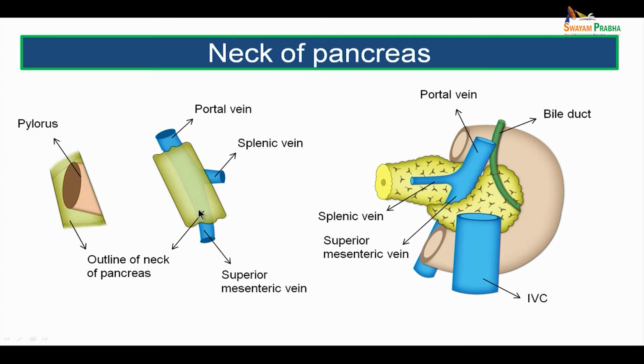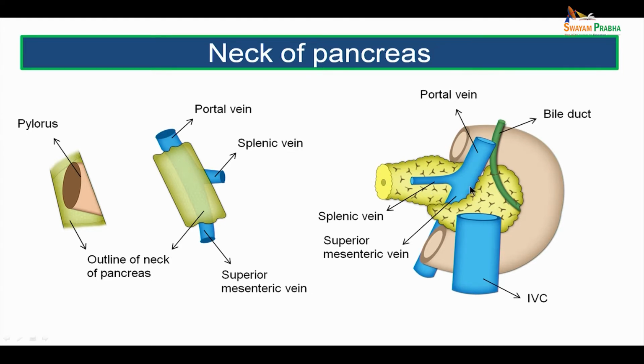This picture shows us the posterior relations of the neck of pancreas, which is related to the splenic vein, the superior mesenteric vein in the lower part and the trunk of the portal vein in the upper part. The same is seen here in this picture. This is a posterior view which shows us the duodenum, the head, uncinate process, neck and part of the body of the pancreas.